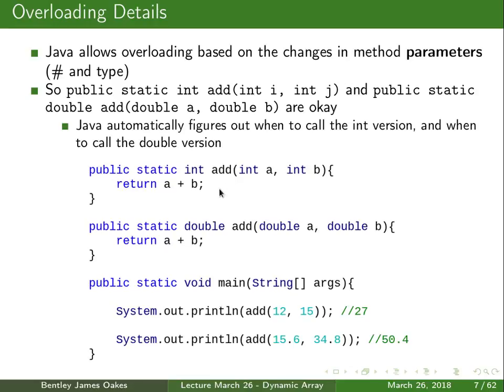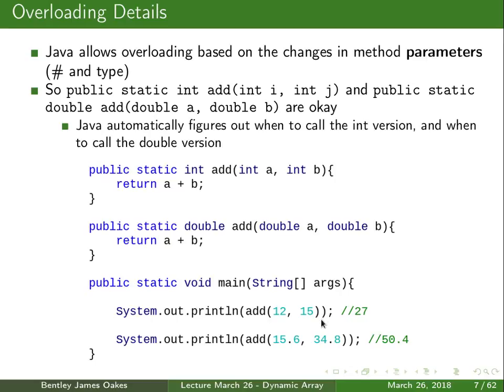Here we have two add methods. The first add method adds two integers. The second add method adds two doubles. Java figures out which version to call based on the types. So here are two integers, so Java will call the int version. Here are two doubles, so Java will call the double version.